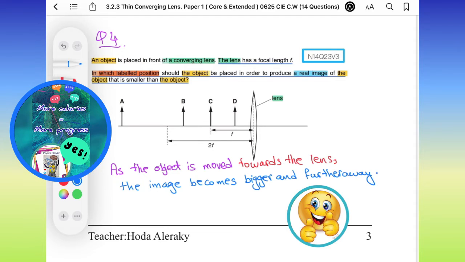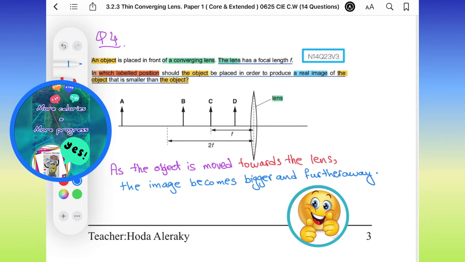Okay, this statement is very important, so you can recall the cases where the object is located and you can imagine how the image will be formed, what are the characteristics of this image.